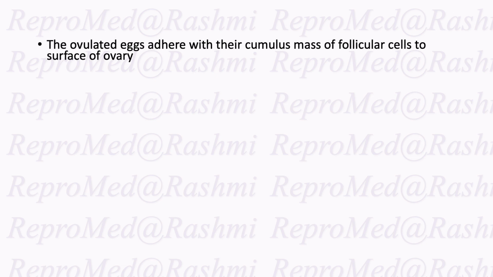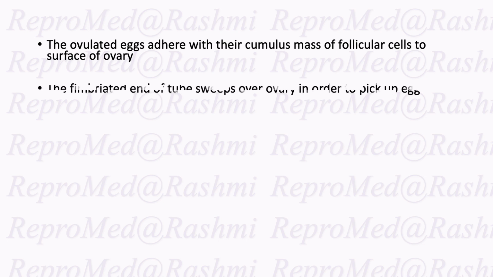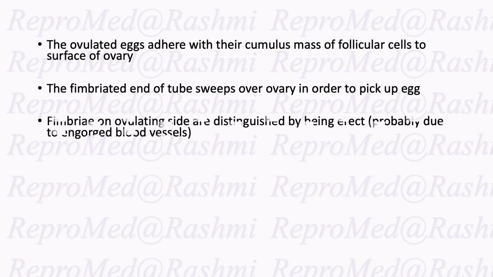The ovulated egg adheres with its cumulus mass of follicular cells to the surface of the ovary. The fimbriated end of the tube sweeps over the ovary in order to pick up the egg. Fimbria on the ovulating site are distinguished by being erect, probably due to engorged blood vessels.